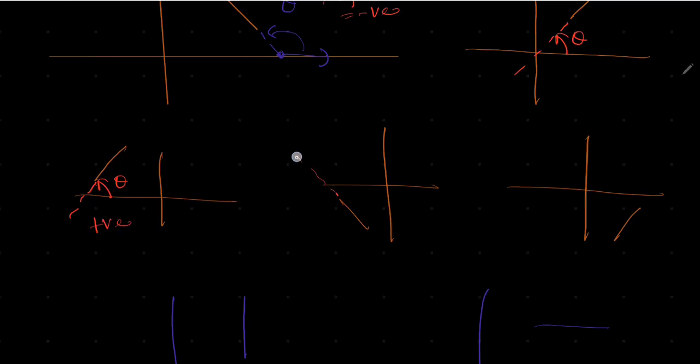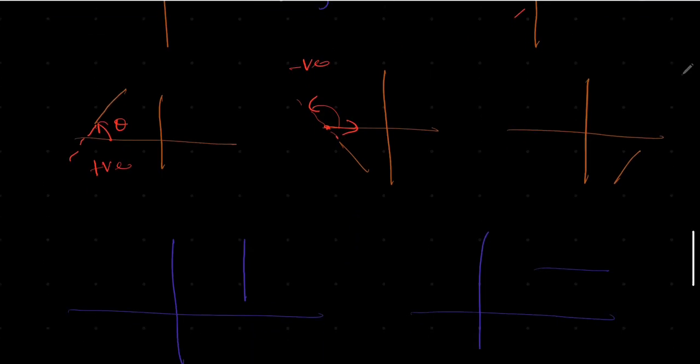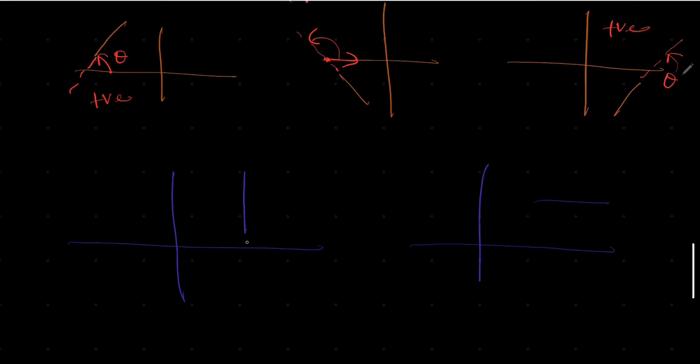Extend it, highlight it, see this obtuse angle, that's why the slope is negative. Extend it, see it, theta is an acute angle, slope is positive. Extend it, see this is 90, tan 90 is undefined, so the slope is undefined here.